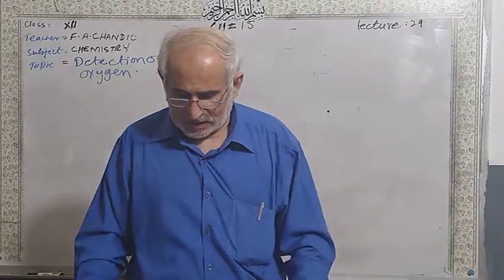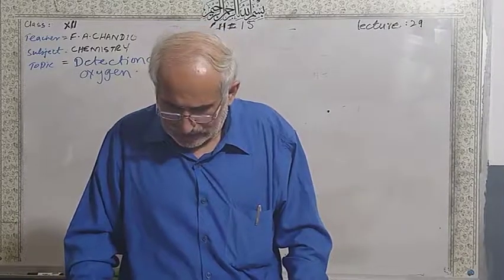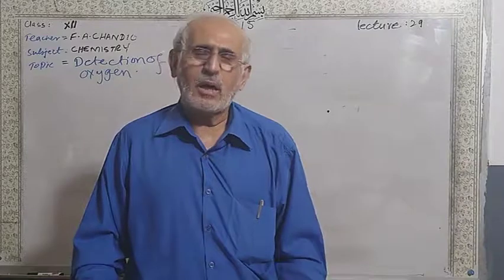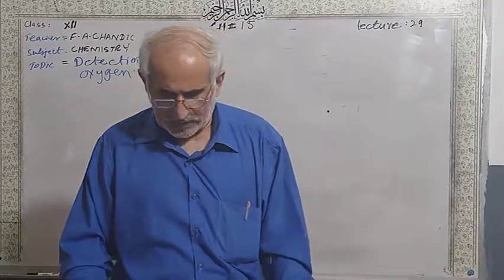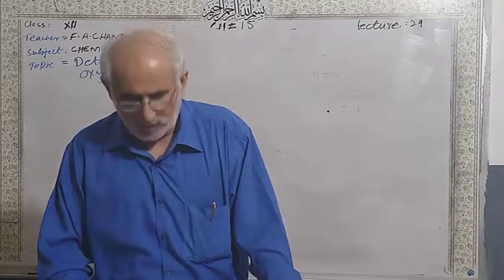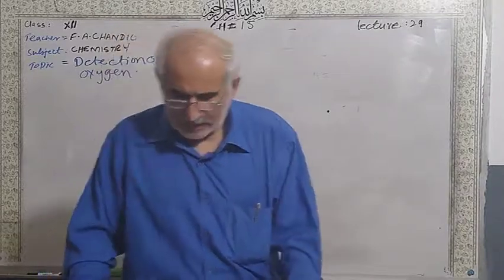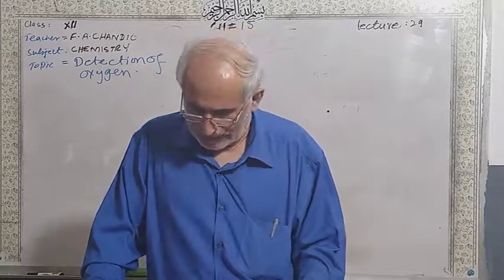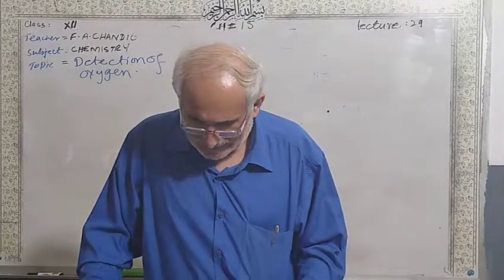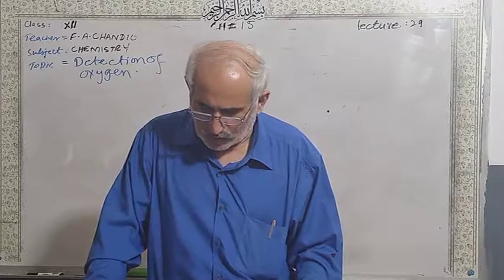The second method is a test for functional groups that contain oxygen: the alcohol hydroxyl group, carboxylic acid COOH group, aldehydes and nitro compounds contain oxygen. If any of these is detected, the presence of oxygen is confirmed.